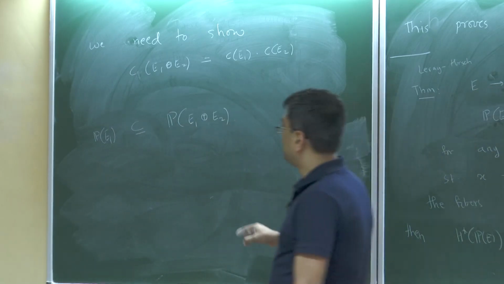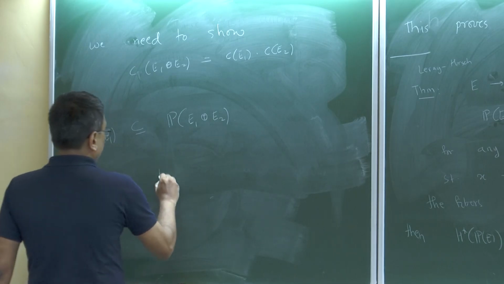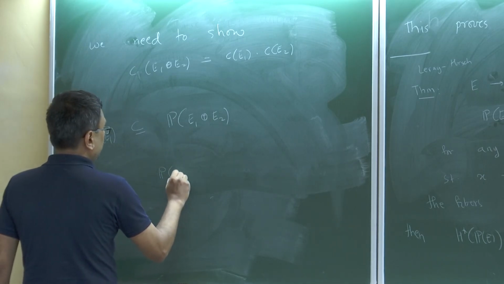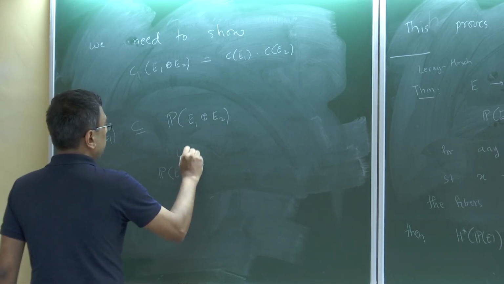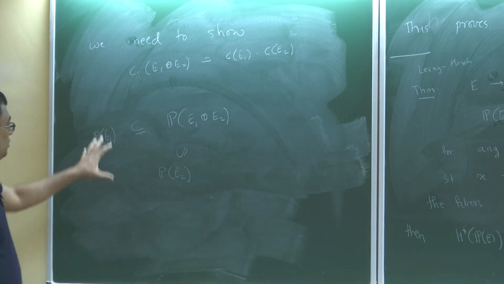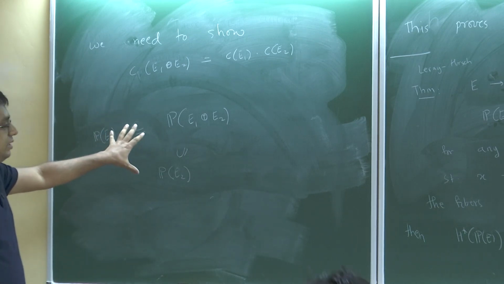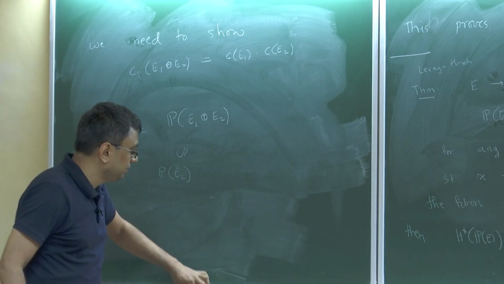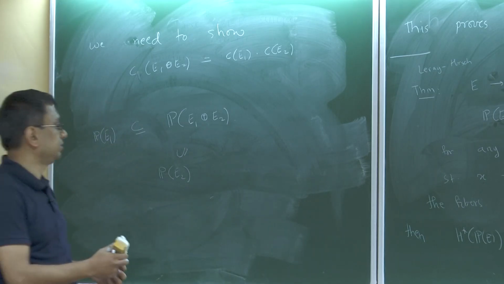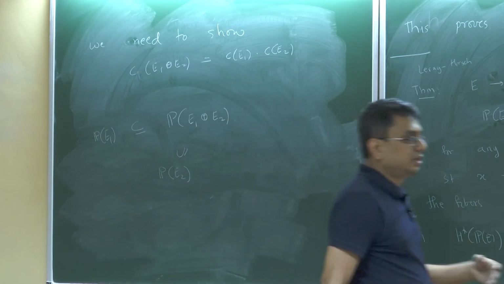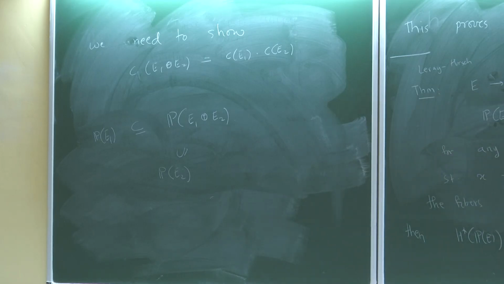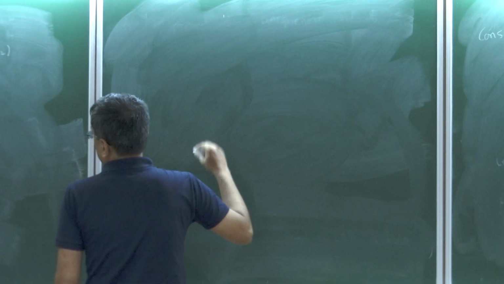So this inclusion is clear, and I also have P of E2 here. Okay. Now to observe what is exactly happening here, I want to first look at a similar situation just for projective spaces, which means instead of working over a base, let's see what happens over a point.